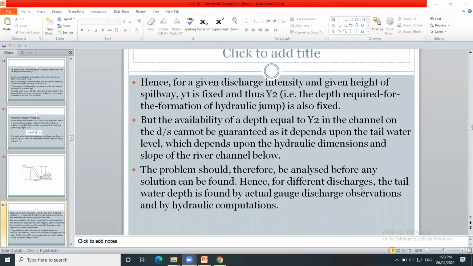Hence, for different discharges, the tailwater depth is found by actual gauge discharge observation and by hydraulic computation, determining the hydraulic dimensions and slope of the river channel.